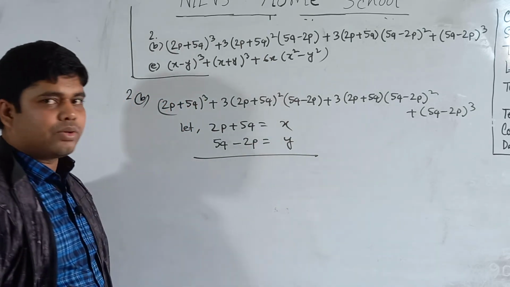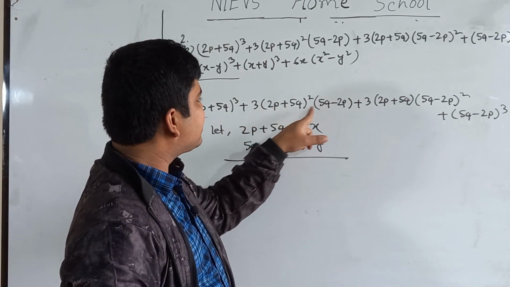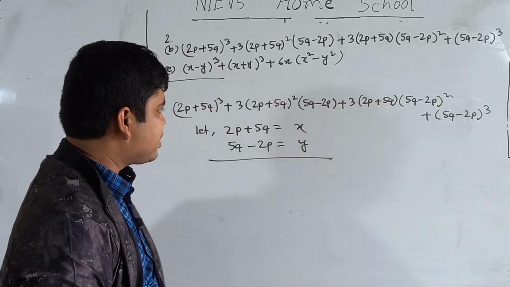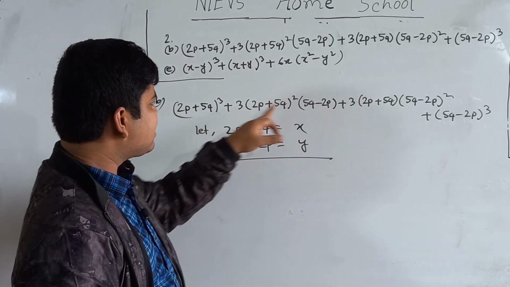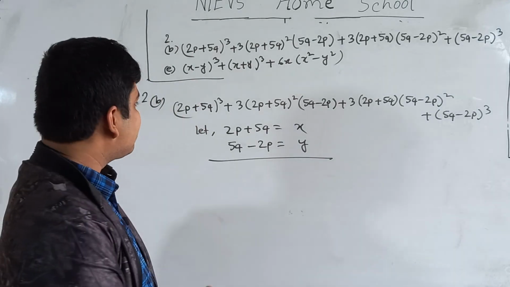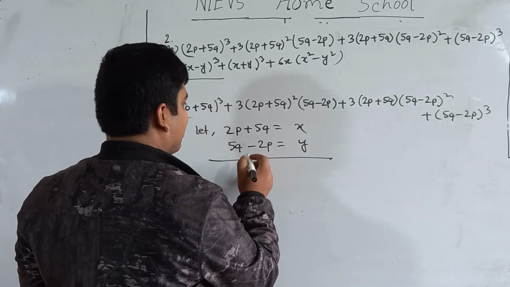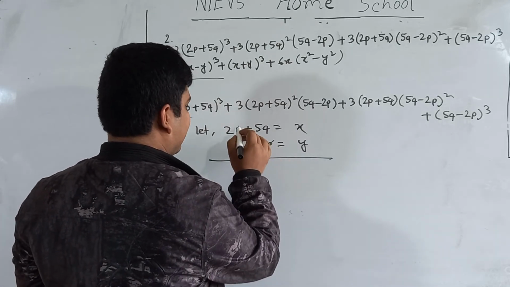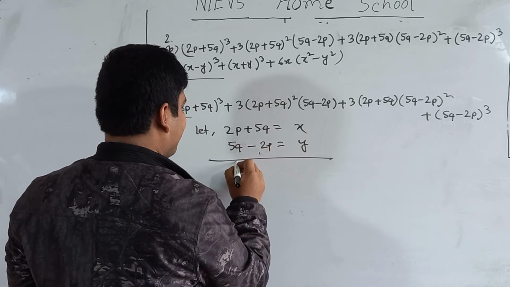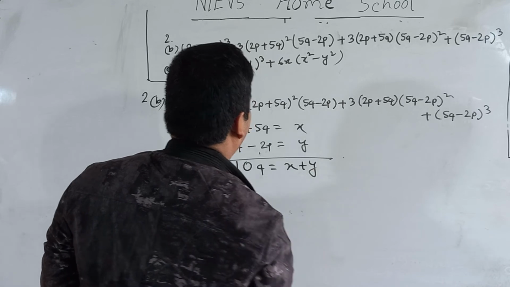My dear student, please notice a³ + 3a²b + 3ab² + b³. Please notice here the plus signs, so we do addition. When you notice all the signs are addition, then we do addition. That means 2p and −2p both cancel. No need to cut, we just write here, so 5q + 5q means 10q equals x + y.